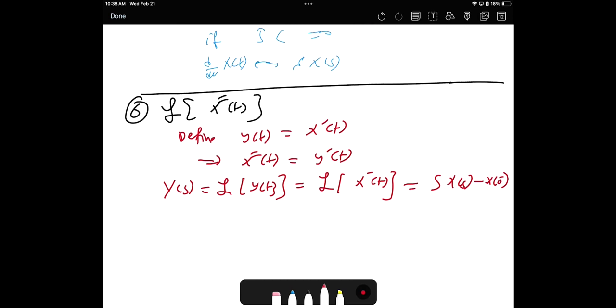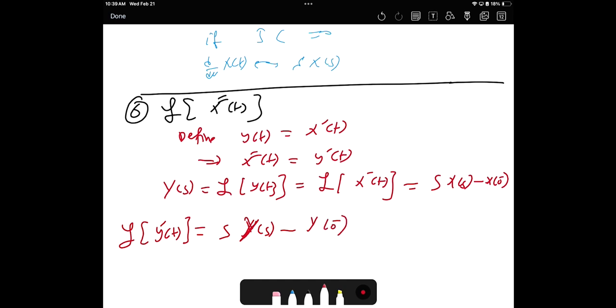Then let's do the Laplace transformation of y prime of t. Let me rewrite it. The Laplace transformation of y prime of t equals s Y of s minus y of 0 minus.